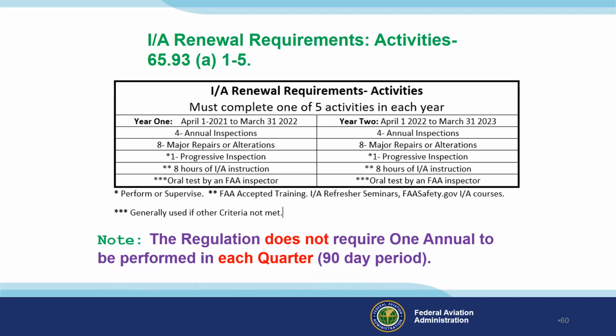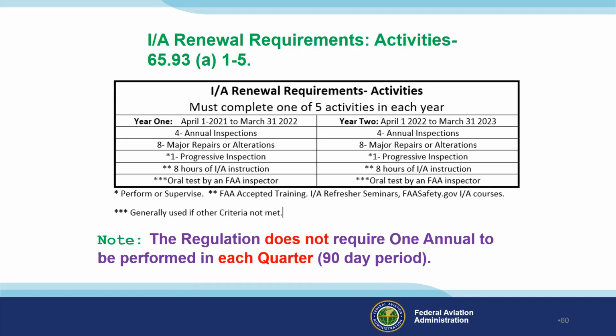So in each year, you have to do either 4 annual inspections or 8 major repairs or alterations, or 1 progressive, or 8 hours of IA refresher training, or an oral test by an FAA inspector. Make sure the training is FAA accepted training. And that would be an IA refresher seminar. We're going to look at that in a minute.